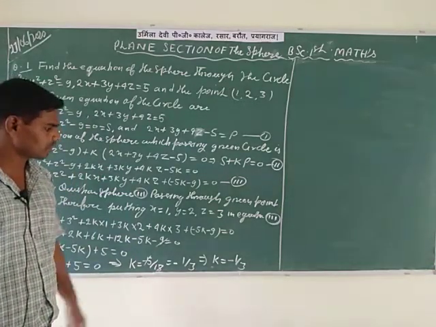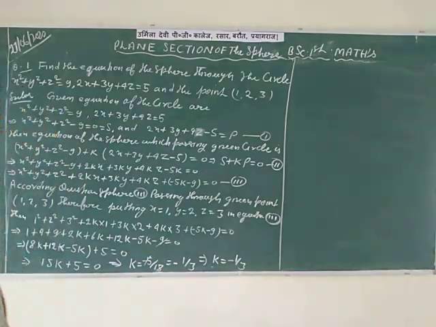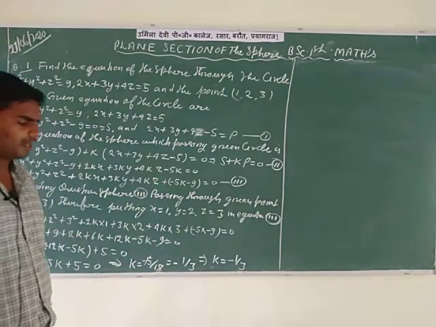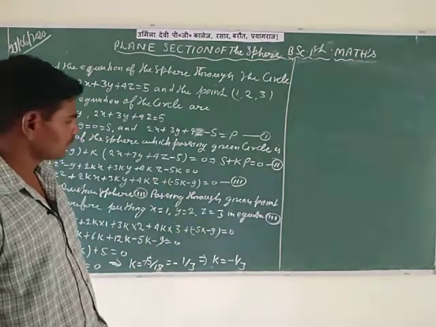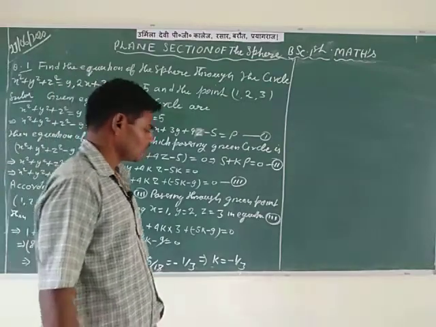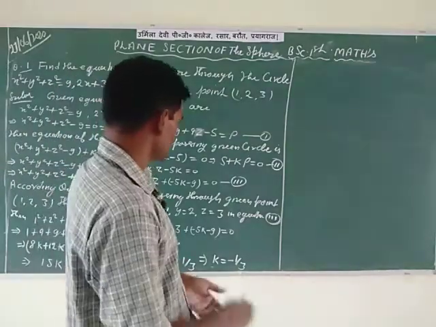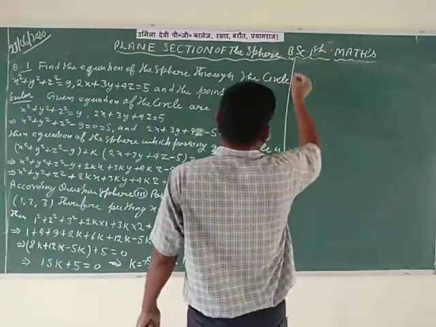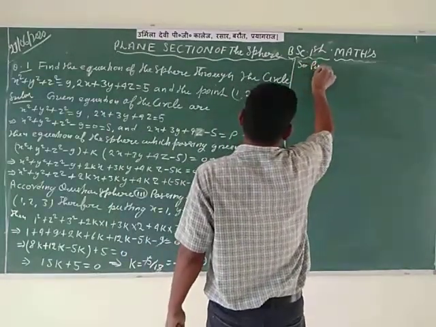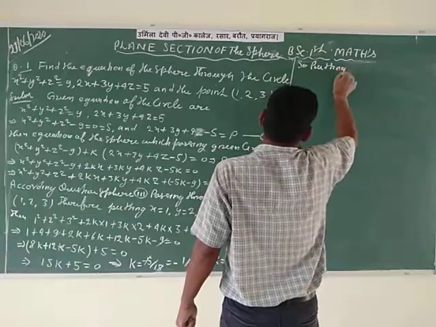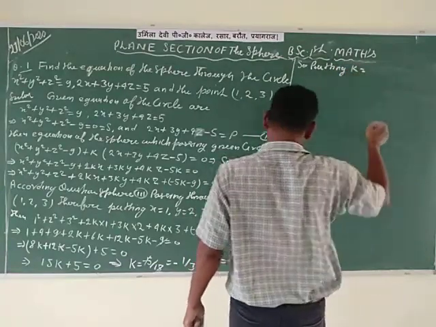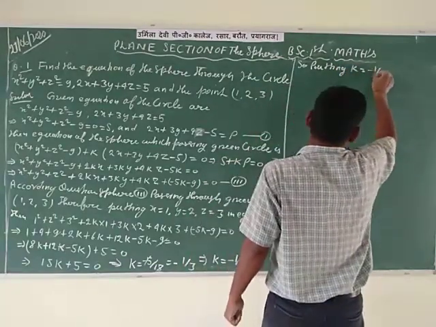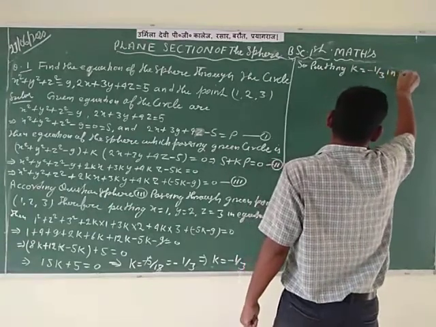And if we put the value of k is equal to minus 1 by 3 in equation third, then the calculation will be complicated. Therefore, putting the value of k is equal to minus 1 by 3 in equation second, we find the sphere equation.